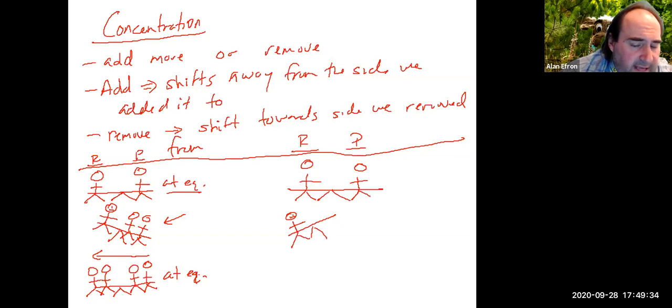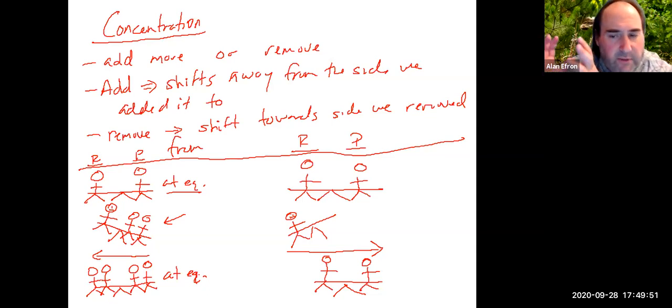So to fix that, we need to put more people back on the side the guy hopped off. So we're going to shift towards the side that was removed. And when we do, we once again get back to equilibrium. So when we add concentration, it always shifts away from whichever side in the balanced equation that species is on.